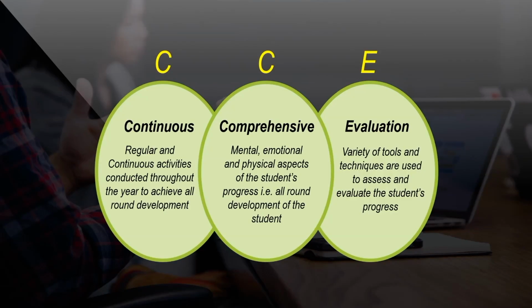It is comprehensive: the mental, emotional and physical aspects of the student's progress, that is, all-round development of the student is considered, and a variety of tools and techniques are used to assess and evaluate the student's progress. Okay, it is not just paper based examinations.